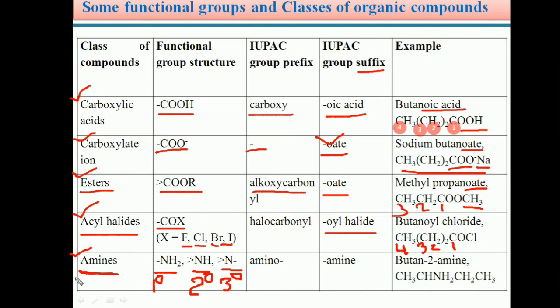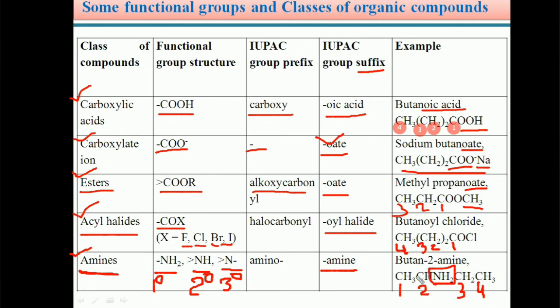If the amine functional group is the principal functional group, then the IUPAC group suffix is amine. For example, butan-2-amine. If you give numbering 1, 2, 3, 4, there is a direct bond between 4 carbon atoms, and the second carbon has an NH2 functional group.